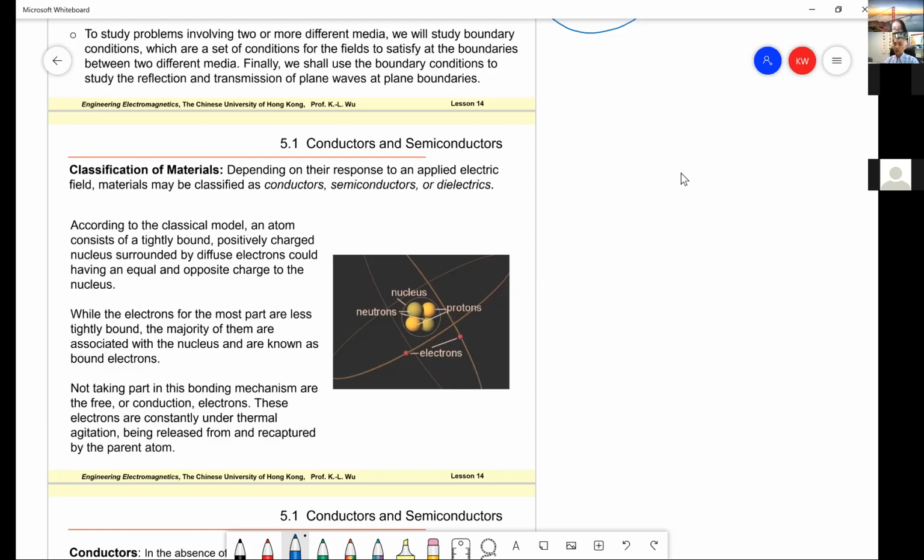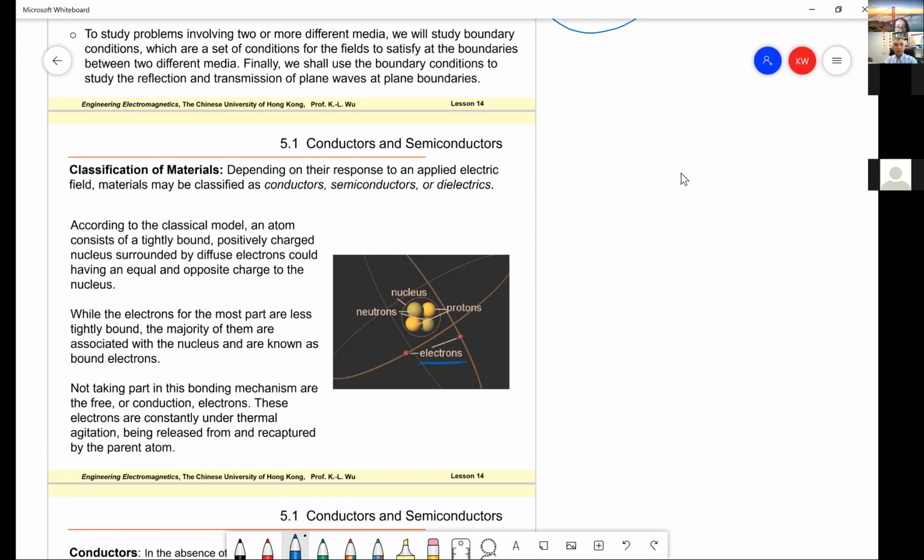Those electrons are tightly bound to what? To the nucleus. In the nucleus, we have protons and neutrons, so it contains a positive charge, and it is surrounded by electrons. We have two types of electrons.